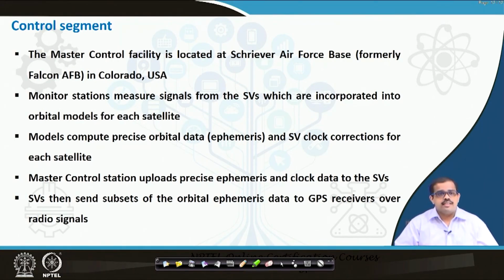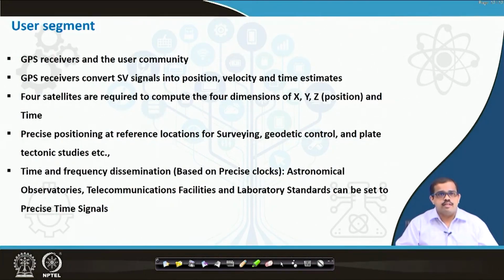The satellite vehicles then send subsets of the orbital ephemeris data to GPS receivers over radio signals. So if you can understand this, first the raw signals are sent to the control stations, and once the corrected signal is sent back to the satellite, the signals that come to the Earth's surface are in the form of radio signals. Okay, so that is what we have to understand.